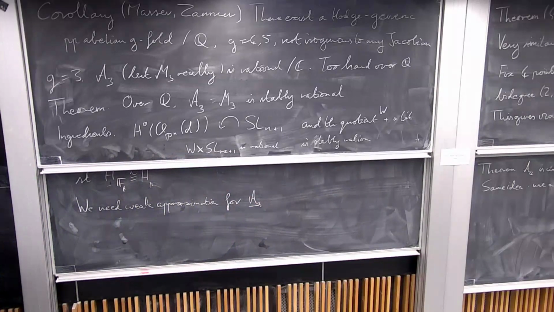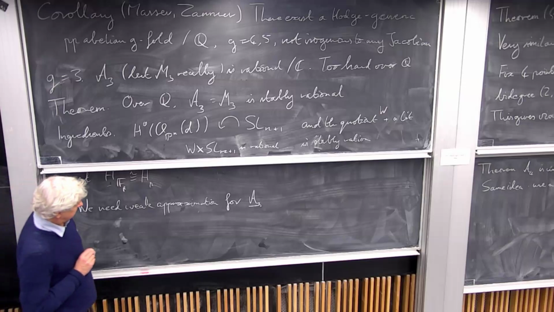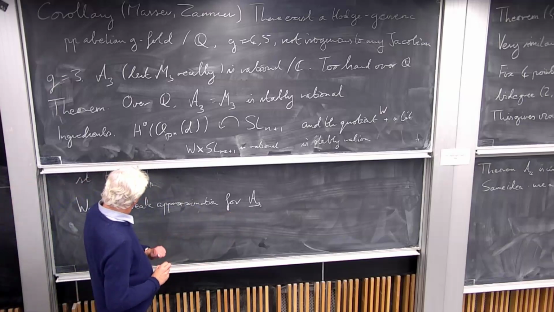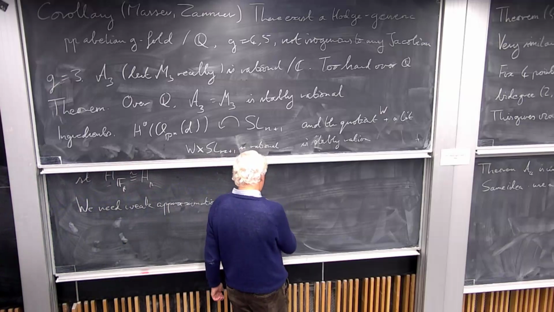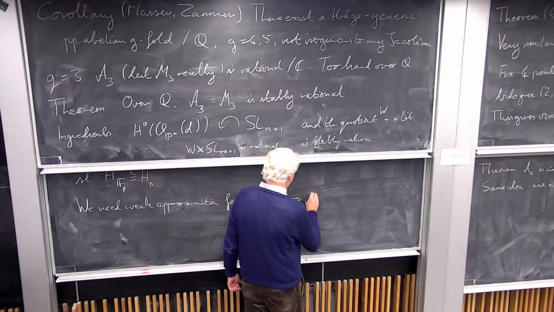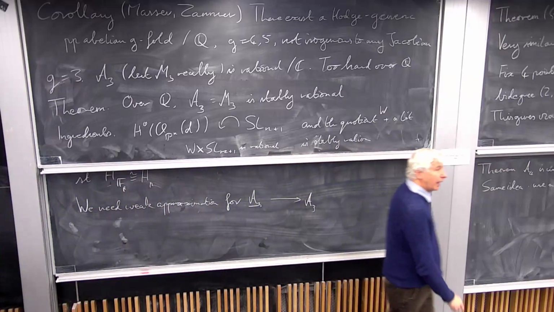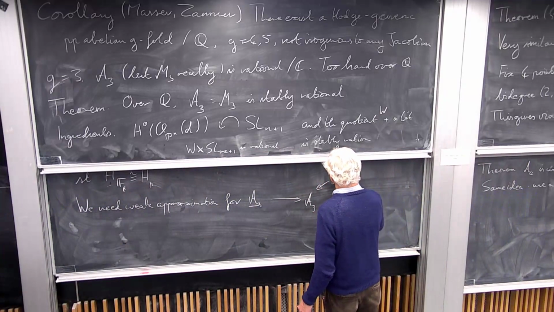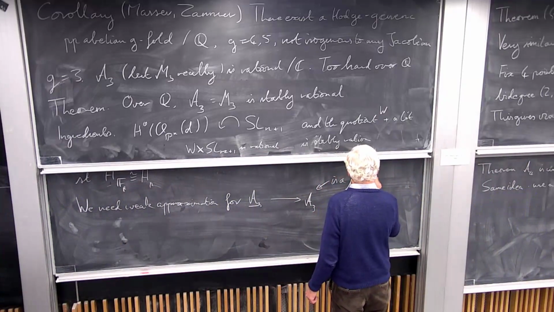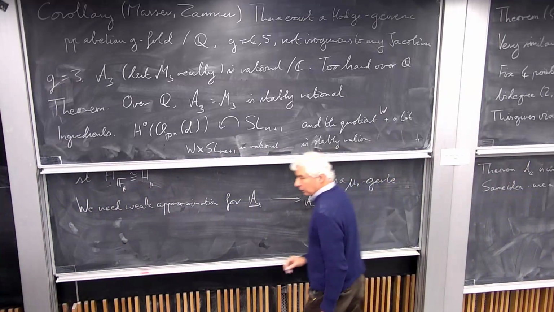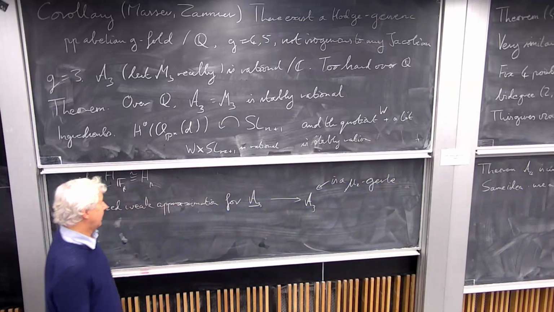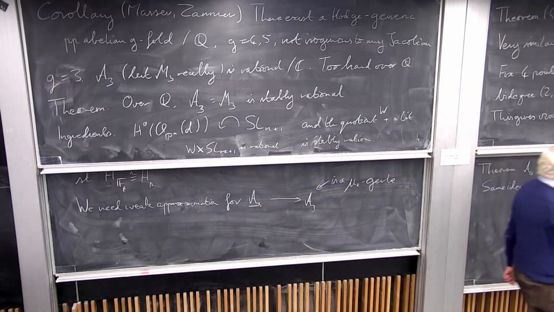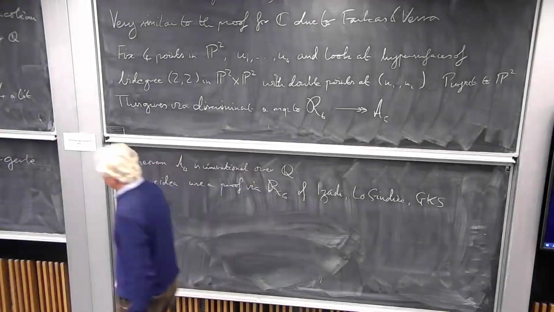The thing about this is that it's all right, and the reason it's all right is that this has the map to A_3, and this is a mu_2 gerbe. A gerbe is a stack for a principal bundle.